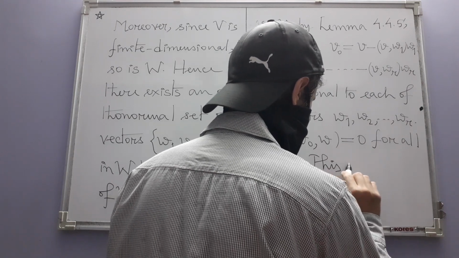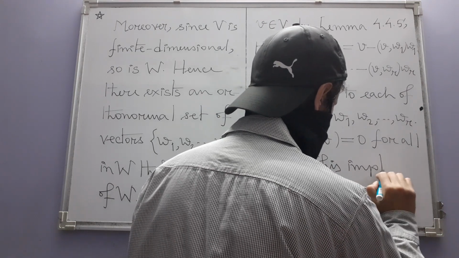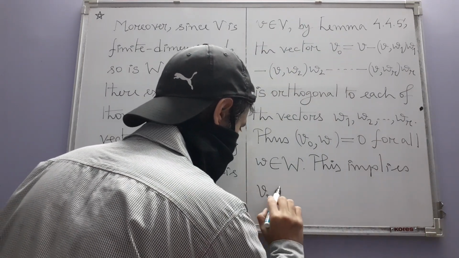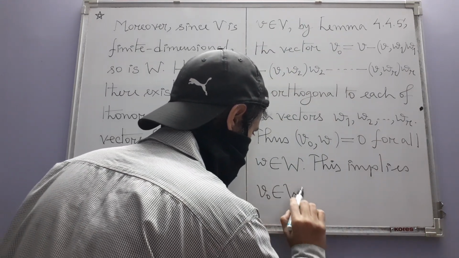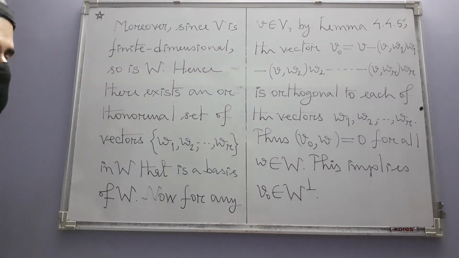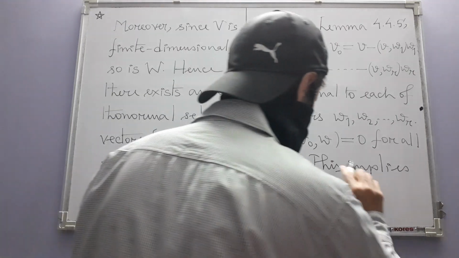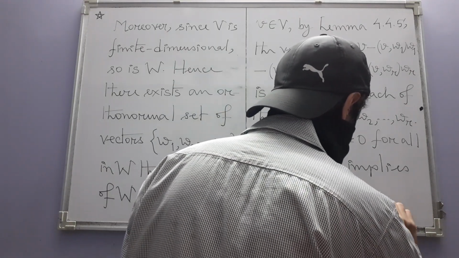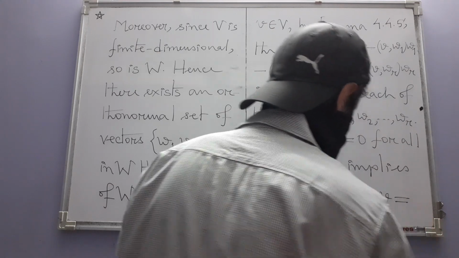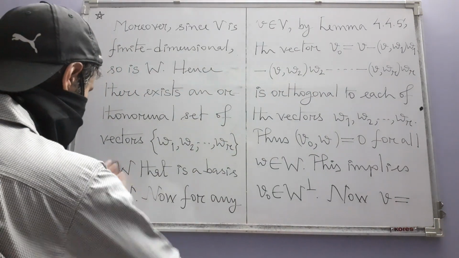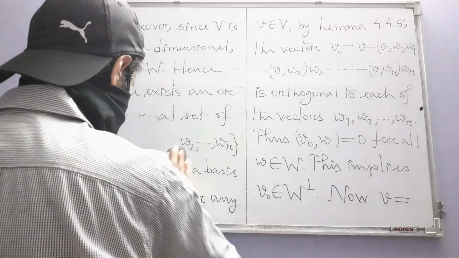This implies V naught belongs to the orthogonal complement of W. Now, our original vector V can be written like this, using this V naught.